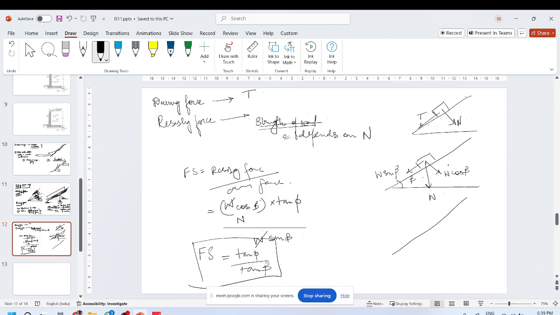If you consider that the slope now has some water, you see what will happen if the slope is partially or completely submerged or saturated. What will change is your W, and what will change is your effective stress.